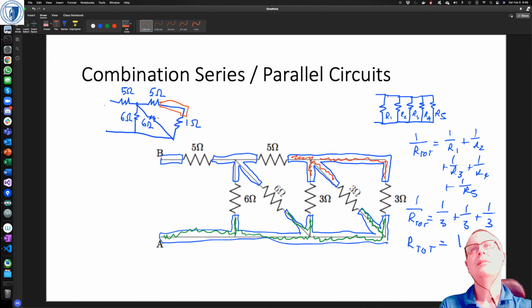So now we can say that this 5 ohm and this new 1 ohm are in series. So we just have to add up those 2 resistances, and we can replace those 2 resistors with a single 6 ohm resistor.